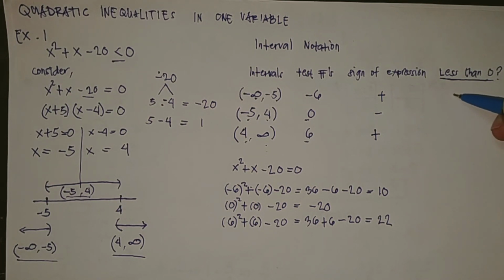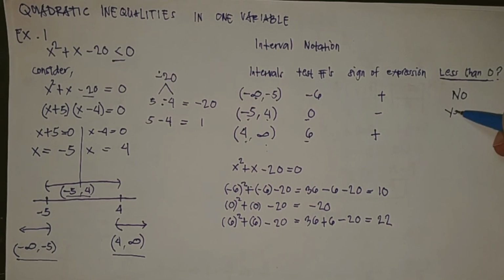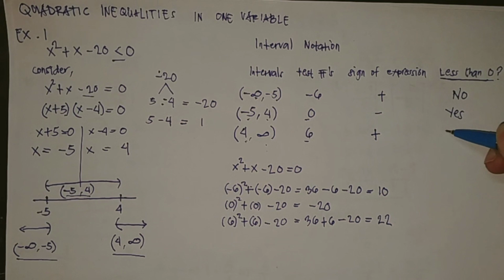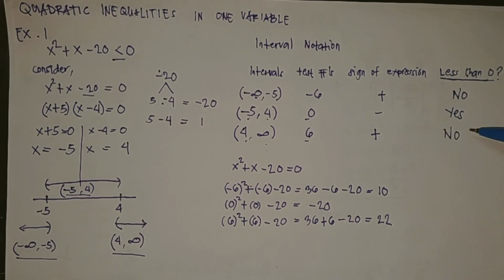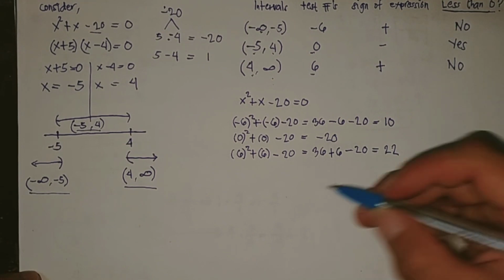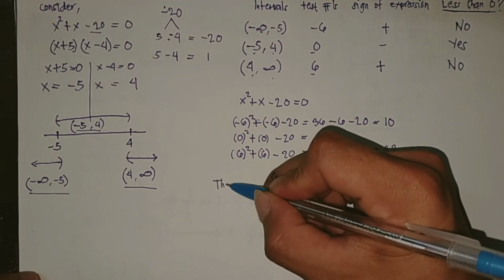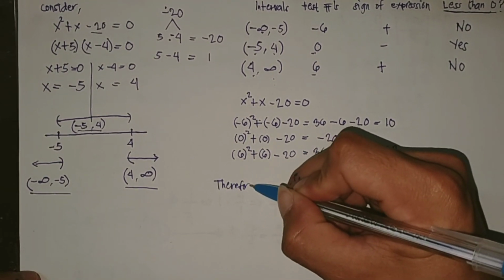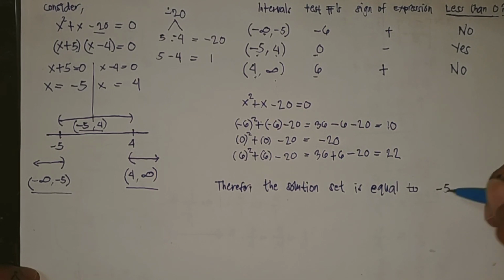The first interval less than 0? No. Second interval less than 0? Yes. Third interval less than 0? No. Therefore, the solution set is equal to negative 5 to 4.